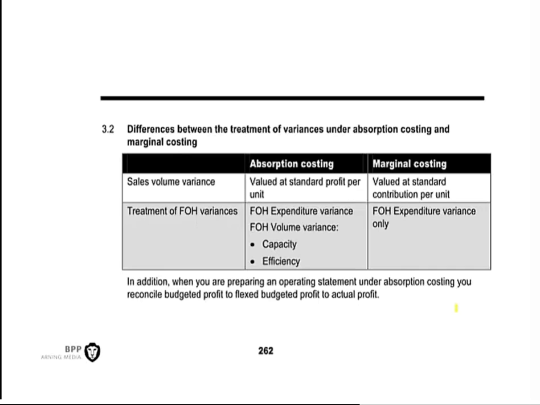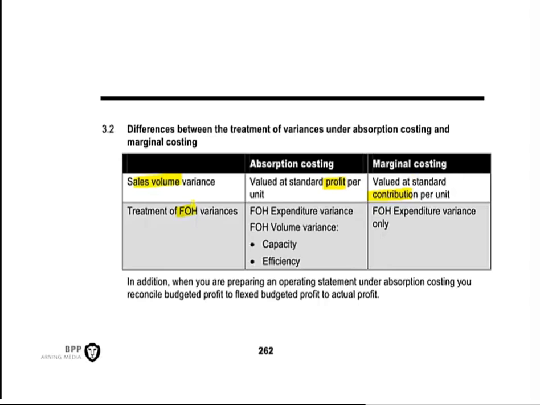So we're starting to realise then that there are differences in the way that variances are treated under absorption costing and marginal costing, and that's down to their treatment of fixed overheads. Under absorption costing, sales volume variance is valued at standard profit per unit, and it's valued at standard contribution per unit under marginal costing.